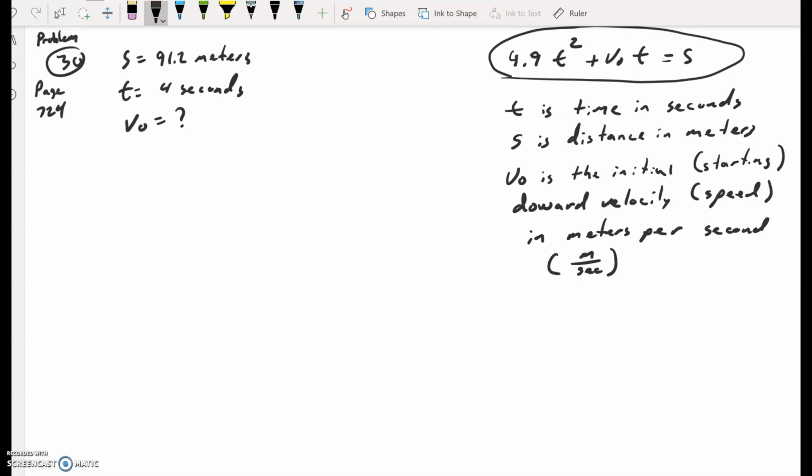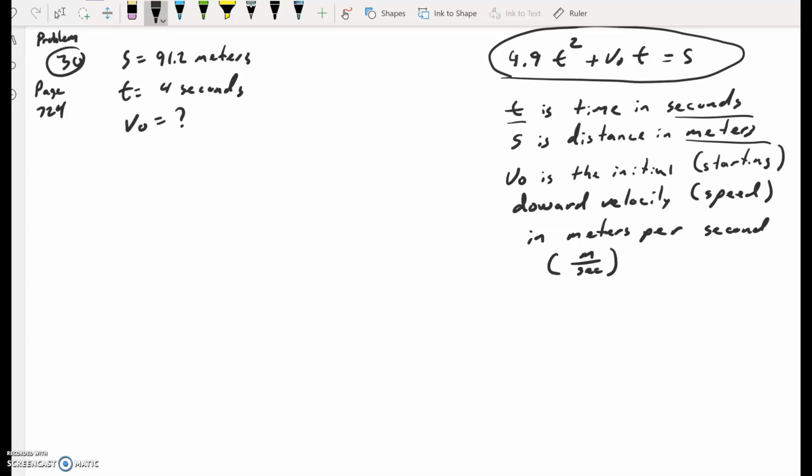Another way to do it is to let your teacher tell you. So I'm telling you that in this problem, t represents time measured in seconds, and s represents the distance traveled in meters, and v naught is the initial or starting downward velocity or speed in meters per second.